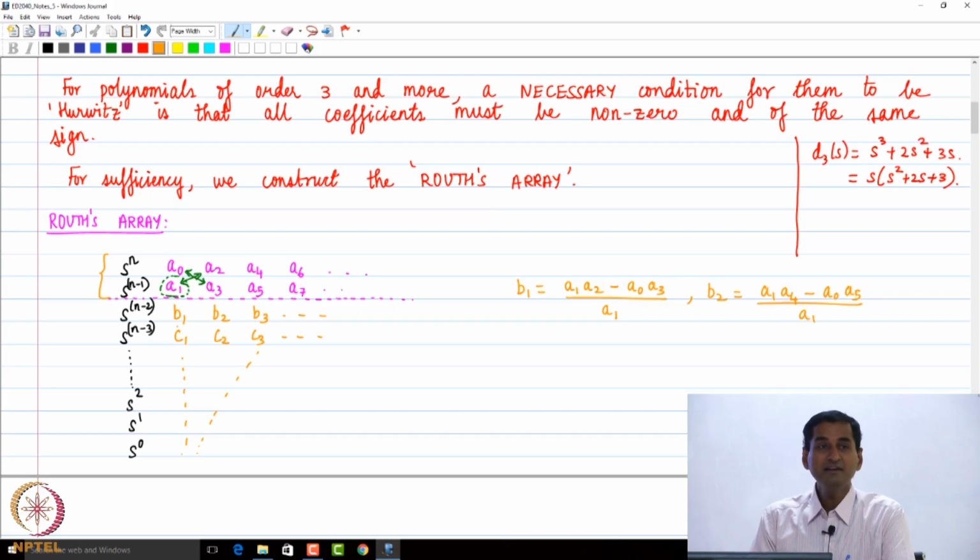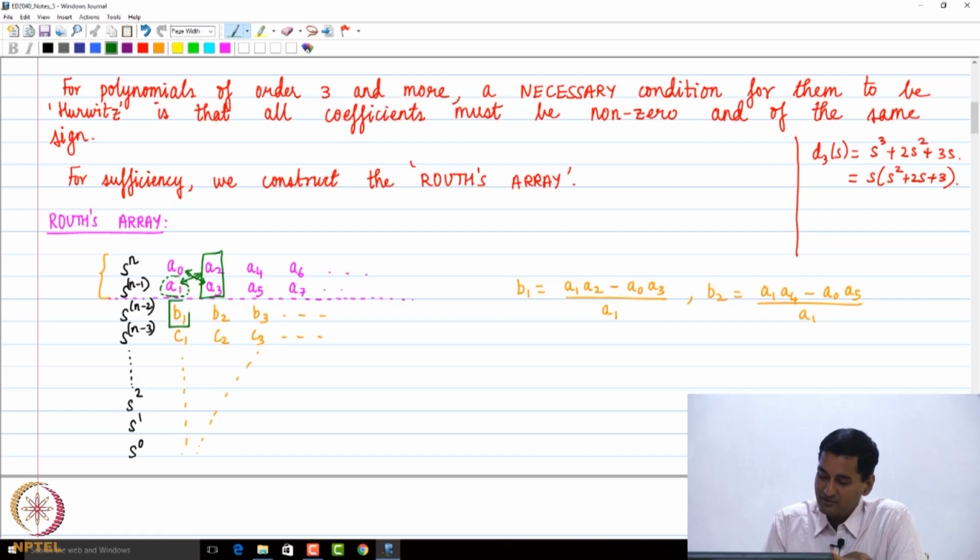For all entries in the S power n minus 2 row, a0 and a1 will be common, and a1 will appear in the denominator. That's standard. But the elements with which you multiply are just one column to the right. For b1 we chose a2 and a3.